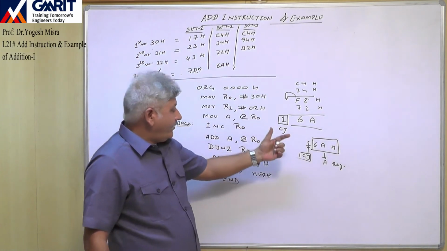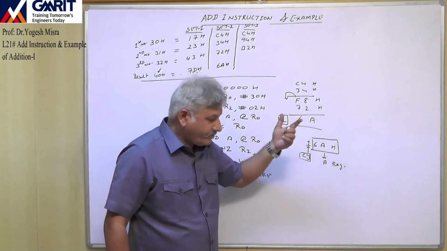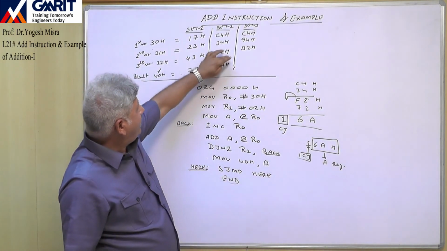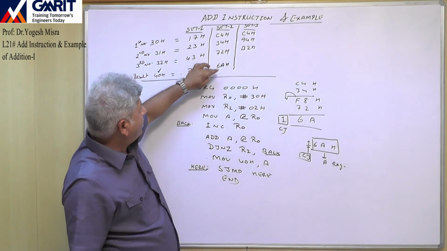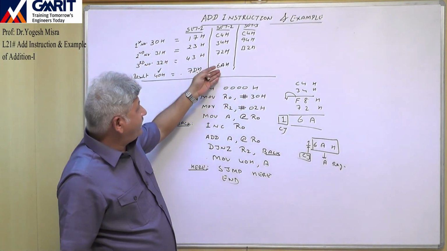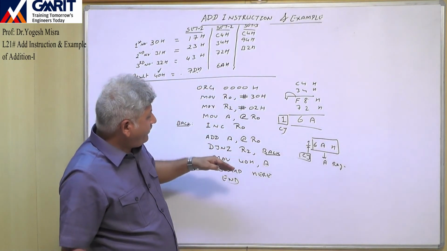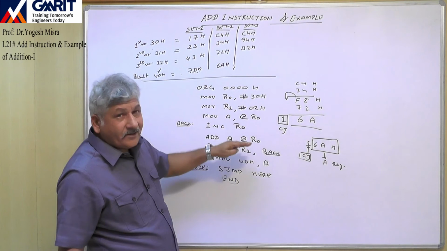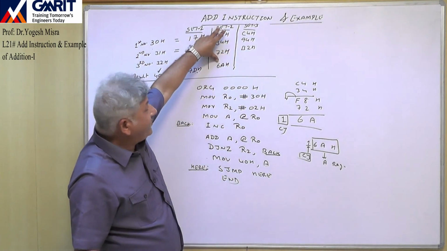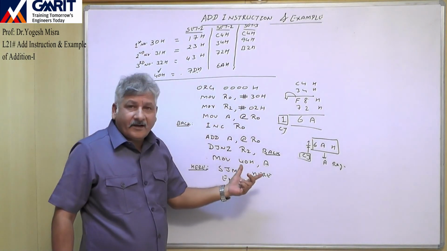But our real expected result is 16A. So if we see the result in the 40H memory location, we will get 6A, and that is not the correct result. In this particular program, we have not considered the case when a carry may be generated during addition, that's why we are not getting the correct result.